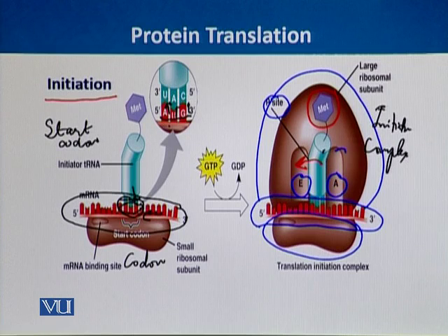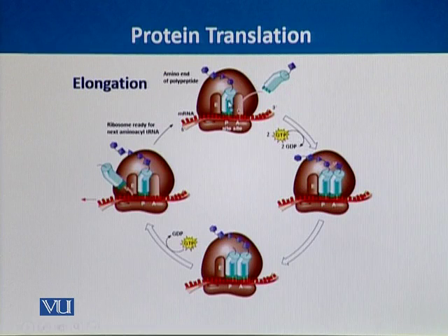The second step is elongation. So this step that we have seen is repeated many times, and one transfer RNA binds with the complementary sequence of the codon on messenger RNA, then it moves and exits from the E site of the larger subunit of ribosome.